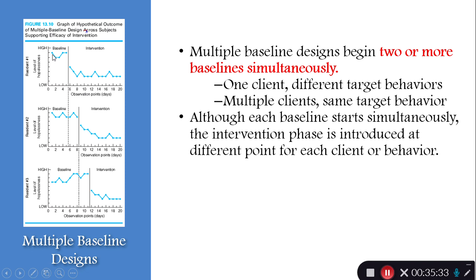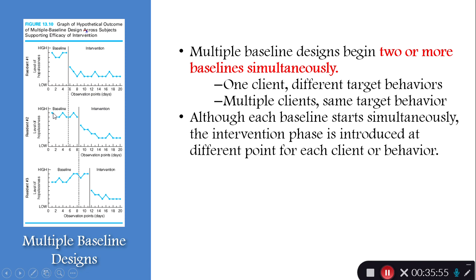So for the first client, the baseline lasts about 4 days, right? After 4 days, we introduce the intervention, and then we begin our repeated measures during the intervention phase.